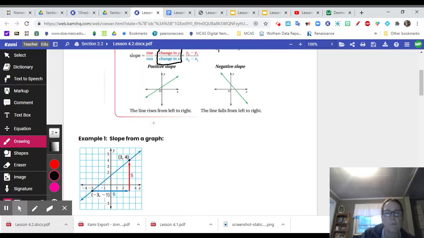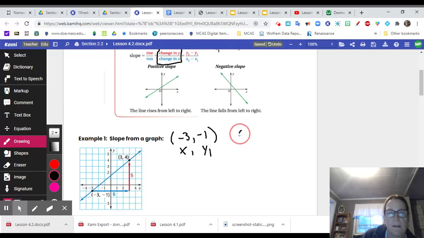So I need to label one point as the first point and one point as the second point. It doesn't matter which one you call which. So don't hesitate. Just say, oh, I like this point. It's the first one I see. It's x1, y1. And the next one is x2, y2. And the formula says take the two y values and subtract them.